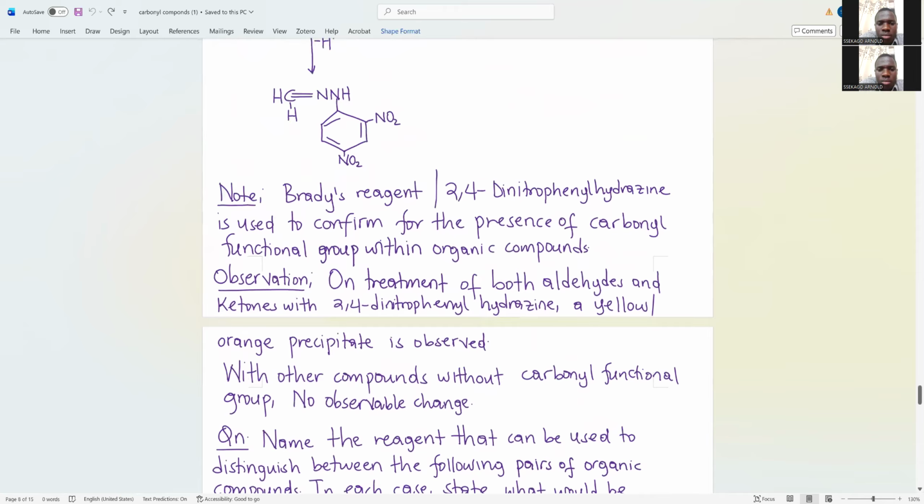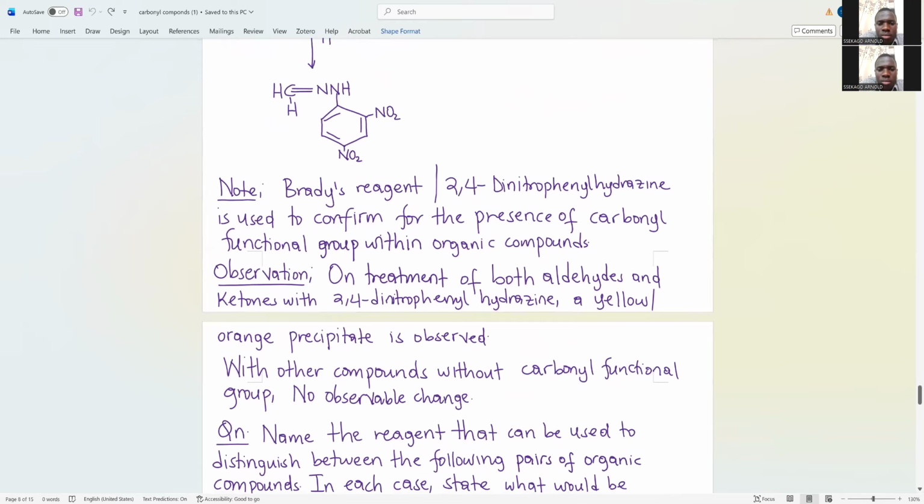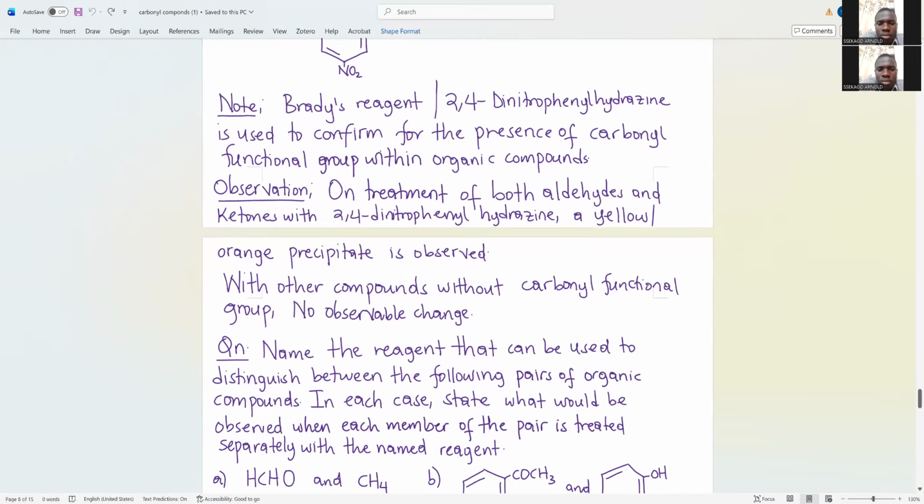And I was saying that it is used to confirm the presence of the carbonyl functional group within carbonyl compounds. So therefore, once it is treated with other compounds that lack a carbonyl functional group, nothing will be observed.